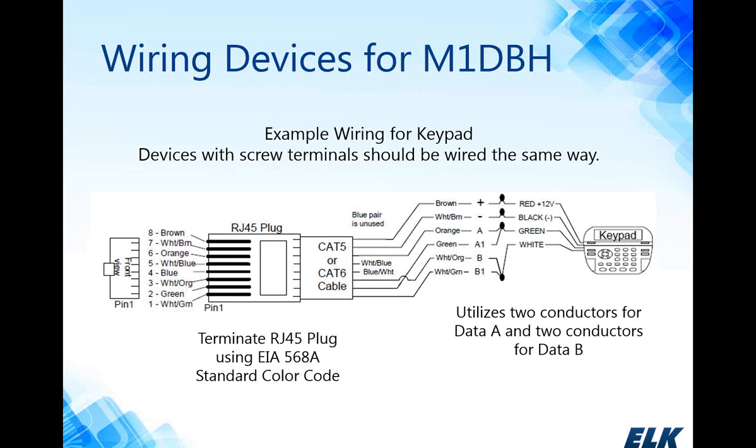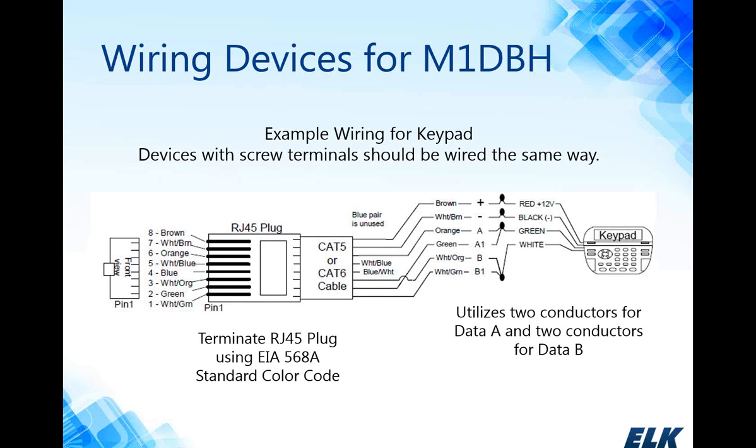Those terminals are labeled 12 volt, A for data, which is the green wire, B data is the white wire, and then you've got your black as your negative. So the wiring is the same whether it's a keypad like you see here or again a device with screw terminals. So you're using 6 of the 8 conductors in your Cat 5 or your Cat 6 cable.